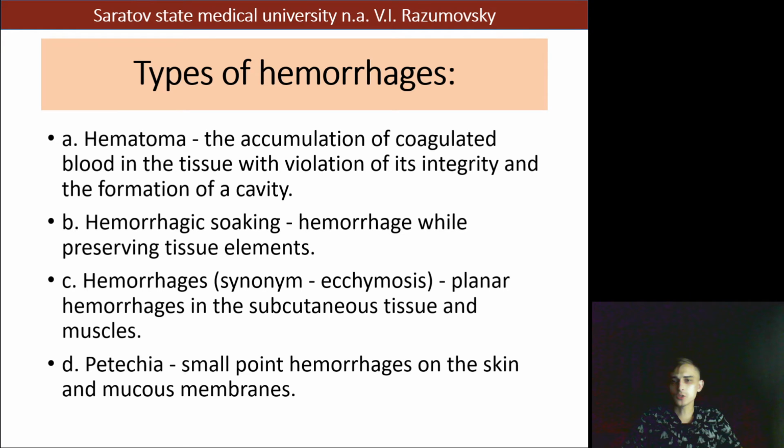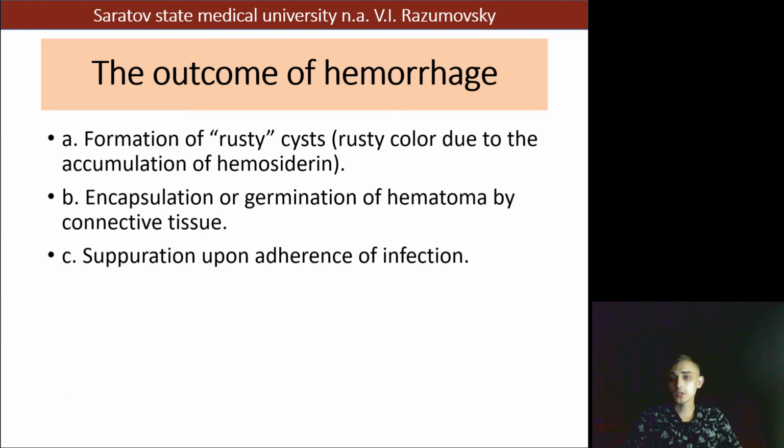The outcome of hemorrhage will be formation of a rusty cyst, with rusty color due to accumulation of hemosiderin. You may find this formation in the brain after hemorrhages, in lungs, for example, in skin, and in every place in which we have a long-time hemorrhage.